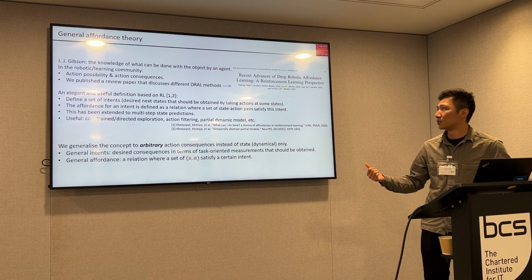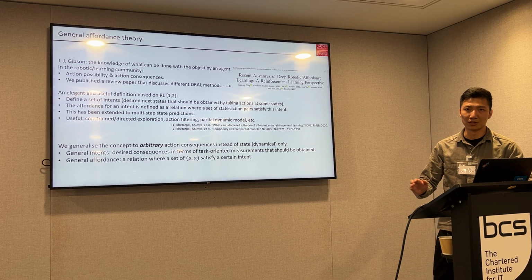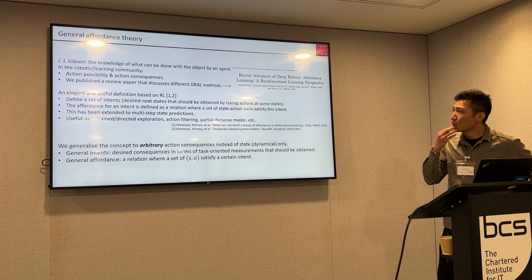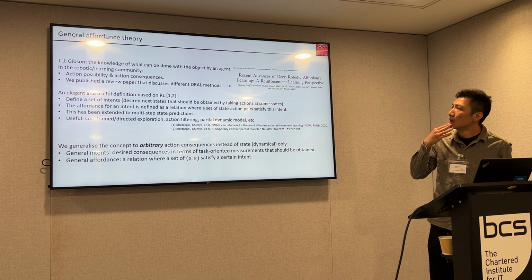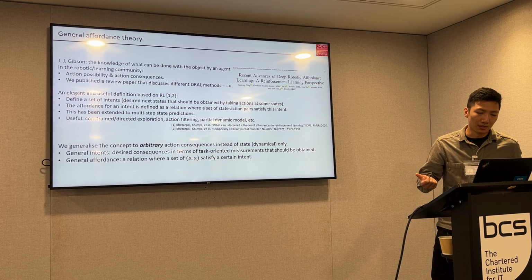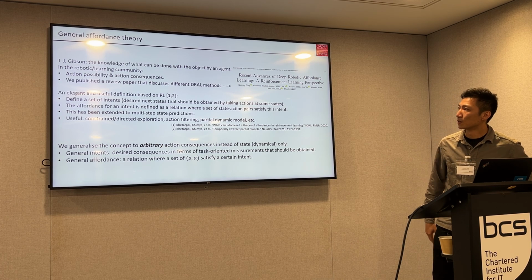So we actually published a review paper on this topic, on how this concept has been used in recent years. And what we came across were these two papers with a quite elegant definition of affordance based on the reinforcement learning Markov decision process framework.